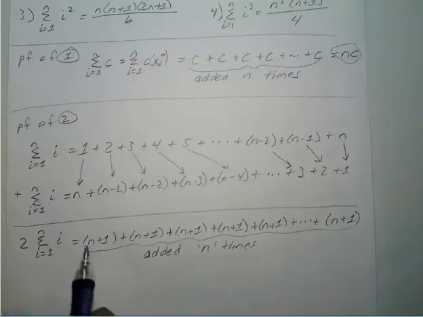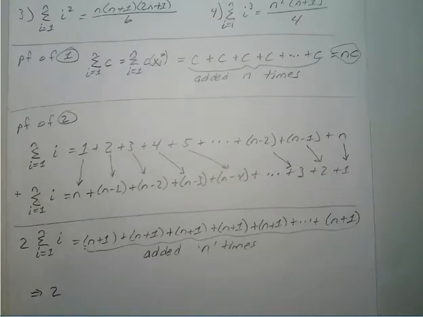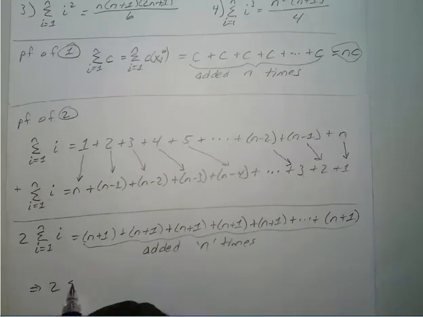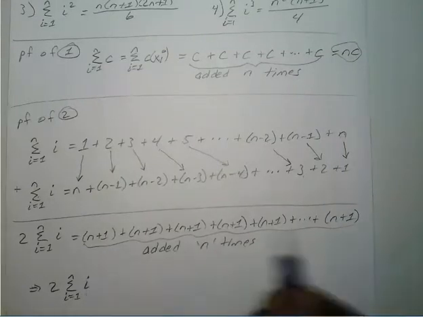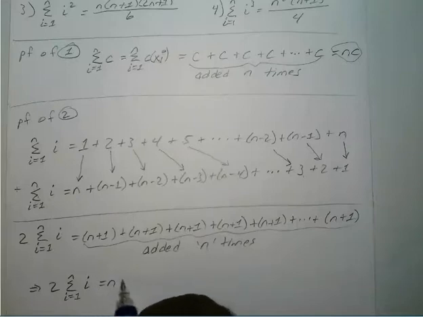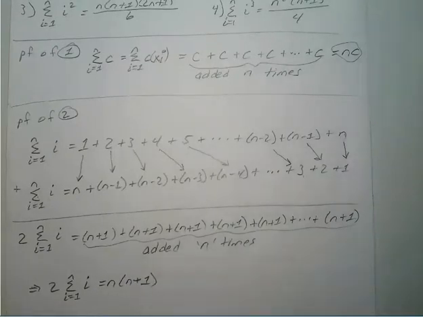Okay, so we can actually rewrite this as 2 times the sum i equals 1 to n of i equals n times n plus 1. Sorry about that. Okay.